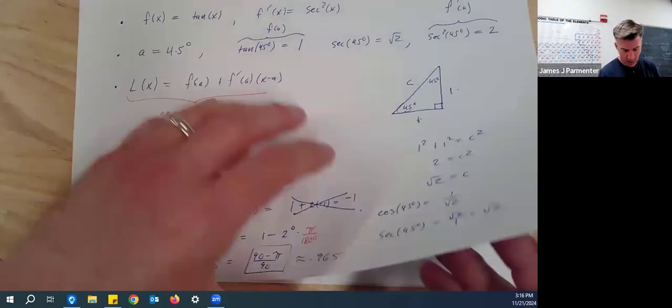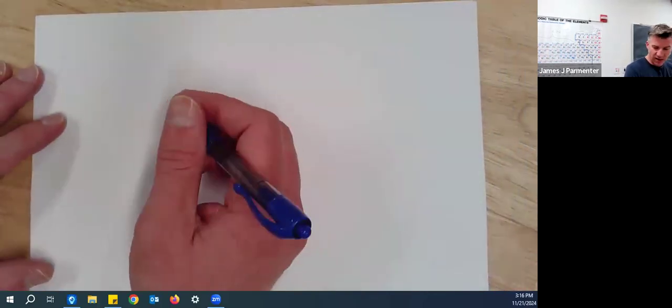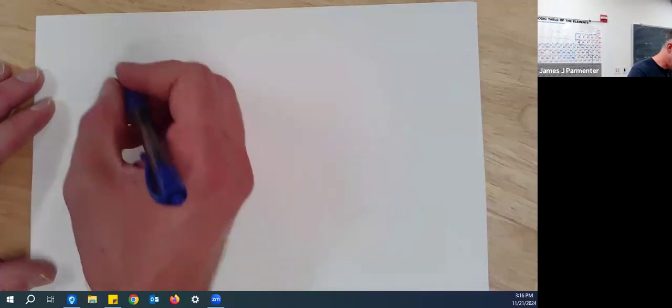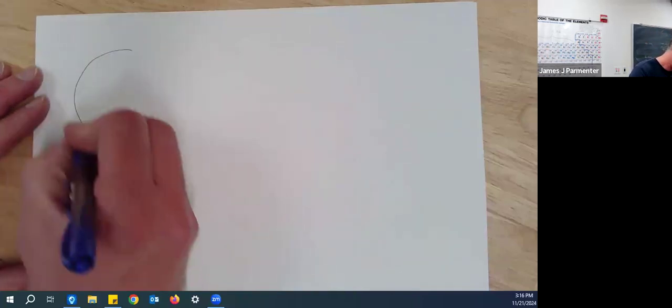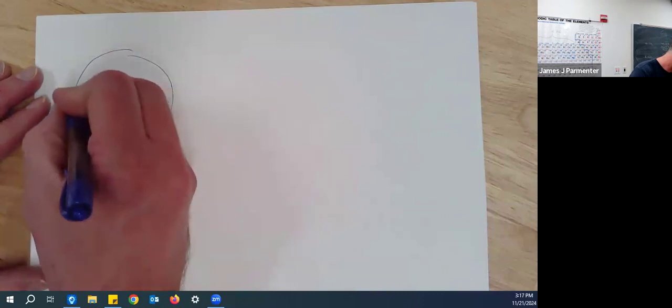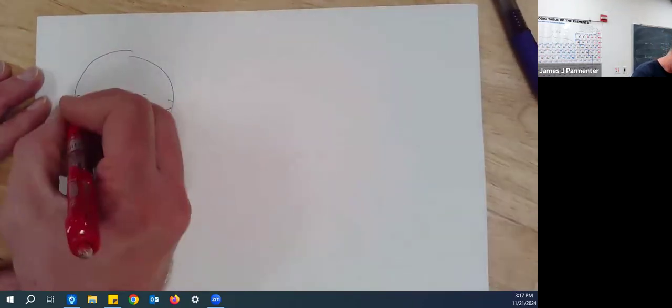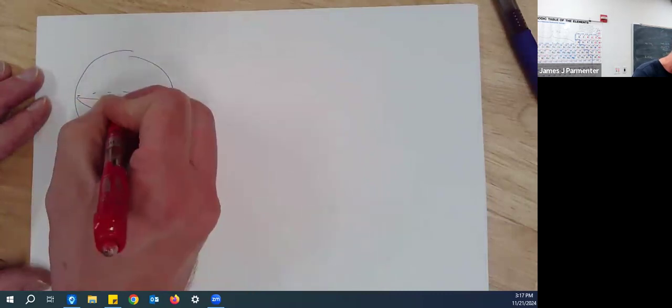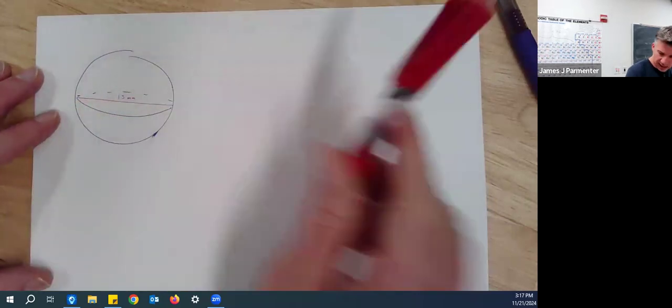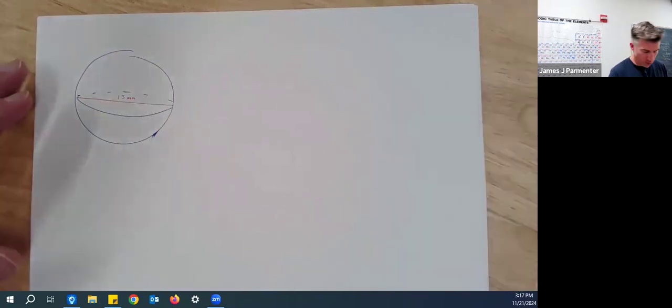Cool. So yeah, this one's not terrible, but it requires a little thing. So here's the situation. We have the diameter of a spherical tumor was measured to be 13 millimeters. So we've got this spherical tumor, and we're measuring the diameter to be 13 millimeters. And then it says the diameter increases by 0.5 millimeters.